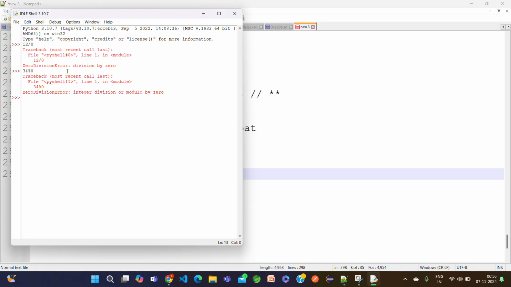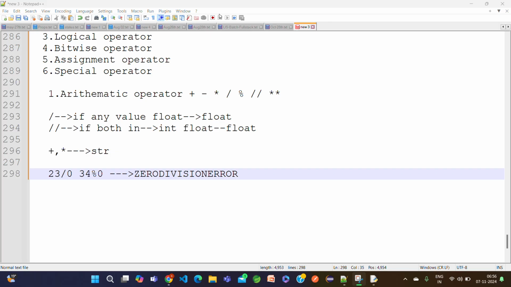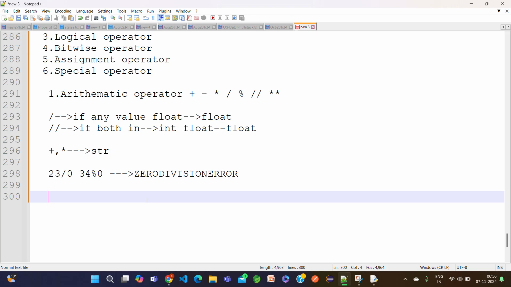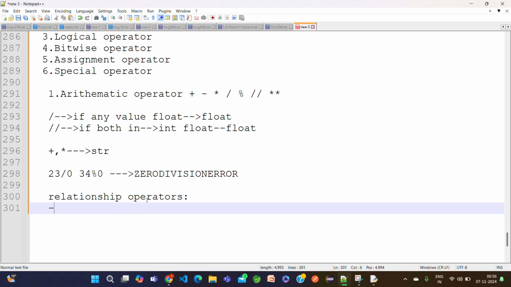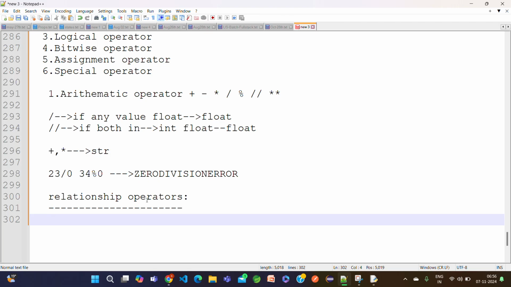Next, the relational operators. The relational operators are greater than, greater than or equal to, less than, and less than or equal to.